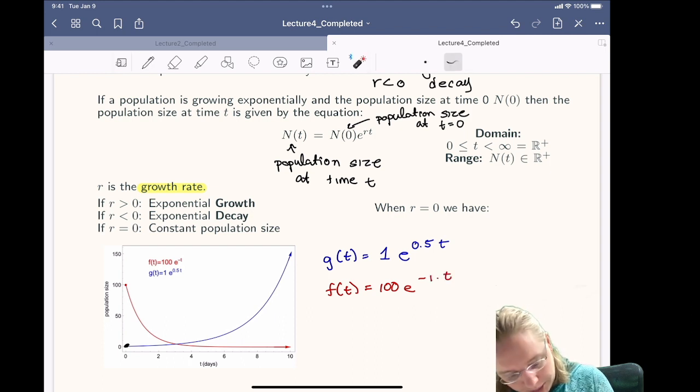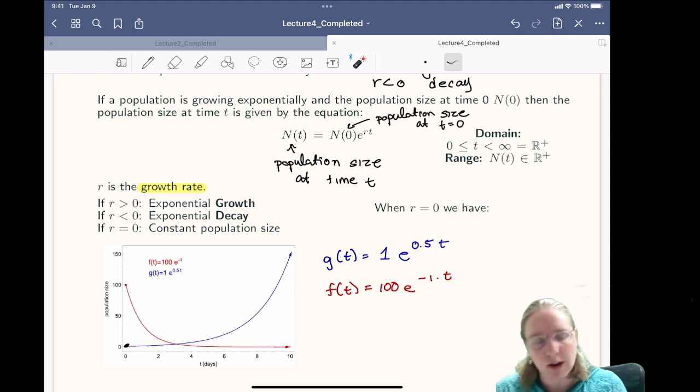Now, this term here has a y-intercept of 1. If we plug in t equals 0 and we get 1, we have 1 times 100, so we have a new y-intercept of 100. Because this is negative, we have a decaying exponential, and because this is positive, we have a growing exponential.